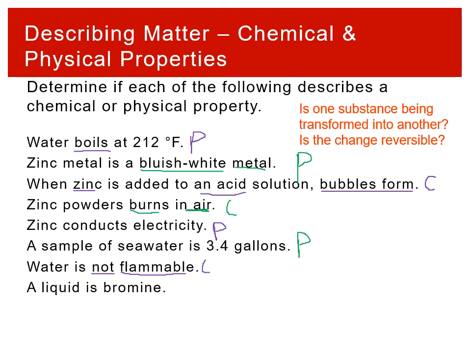That's going to be a chemical property. So water not being flammable is still a chemical property, because flammability would be a chemical property, and not being flammable would still be a chemical property. You're talking about all of the things water does and doesn't do. This is a really important chemical property of water. It's why firefighters use it to fight fires, because it is not flammable.